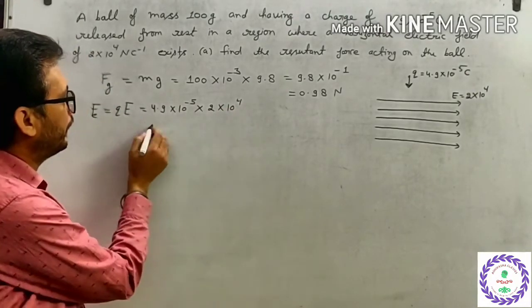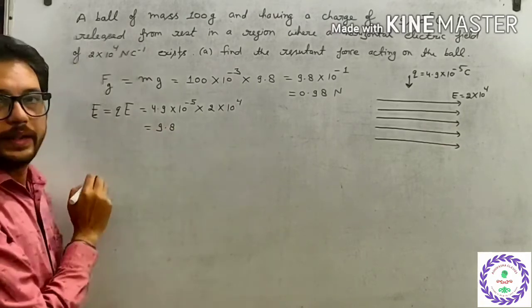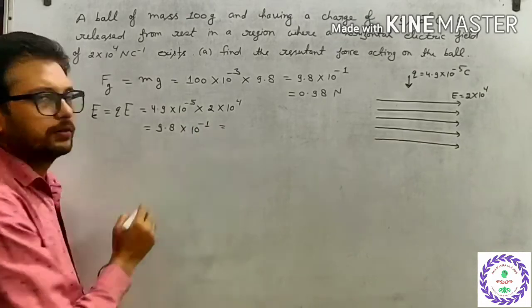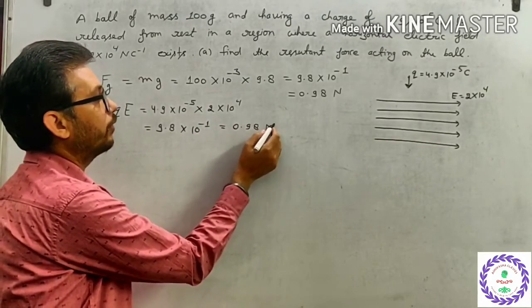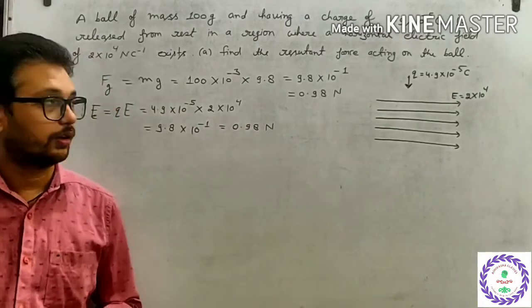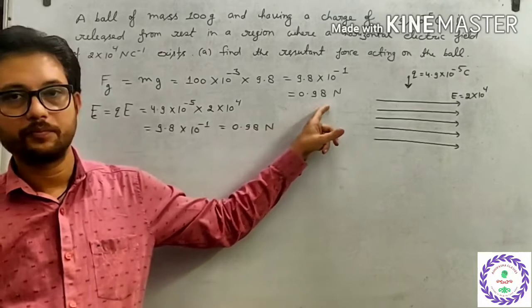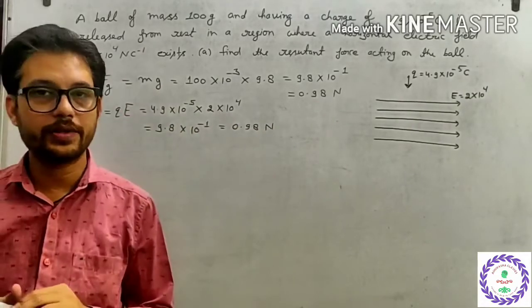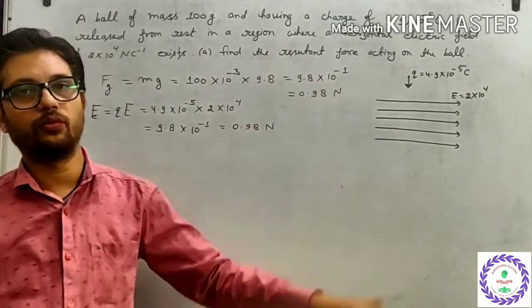So it will be 9.8 × 10^-1, so as usual 0.98 Newton. Now you can see both forces are equal, so we cannot neglect the force of gravity in this question. That's why in the first part the resultant force is asked.